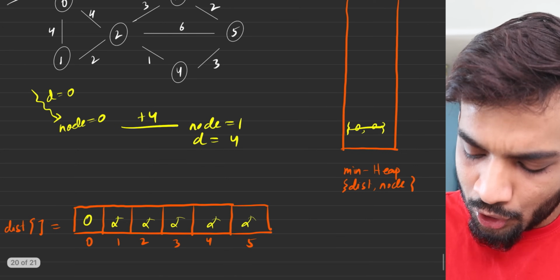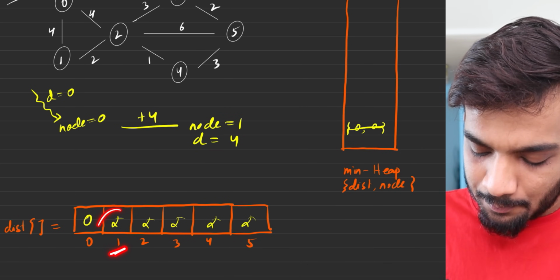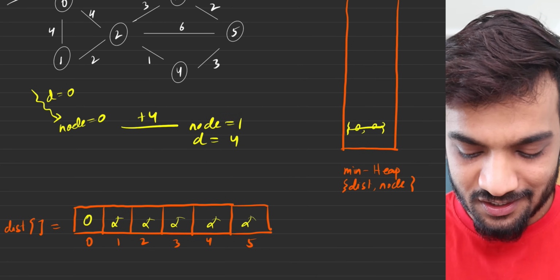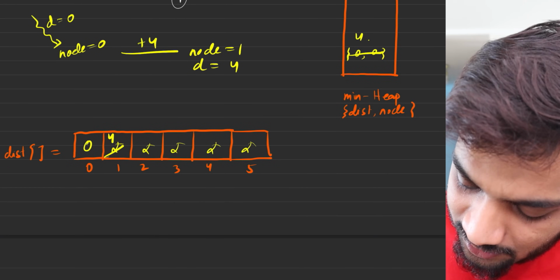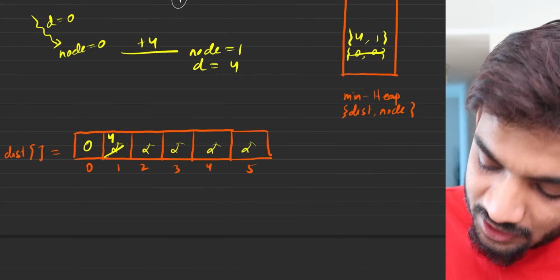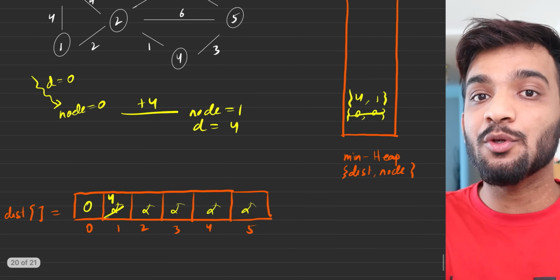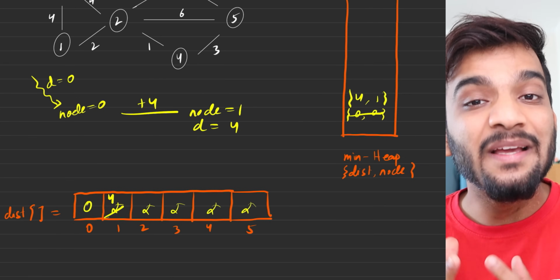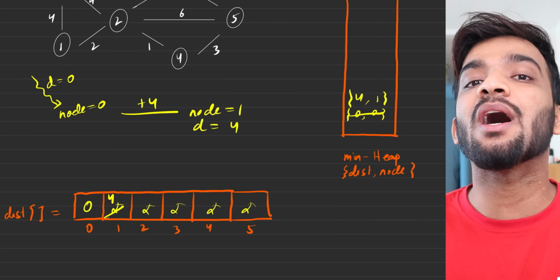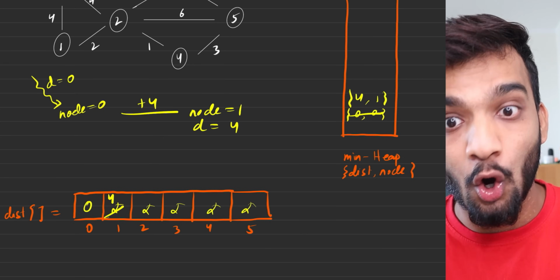So in order to reach node 1, you're taking a distance of 4. Is it better than previous? It is. So replace it with a distance of 4. Take the 4 and node 1, and put it into the priority queue. I repeat, every time you get a distance which is better than the previous distance, that means you discovered a new path, and you always put that distance into the priority queue.